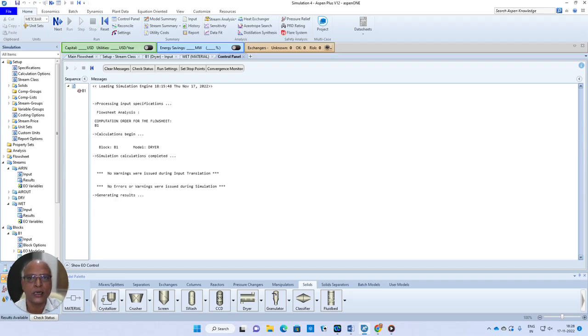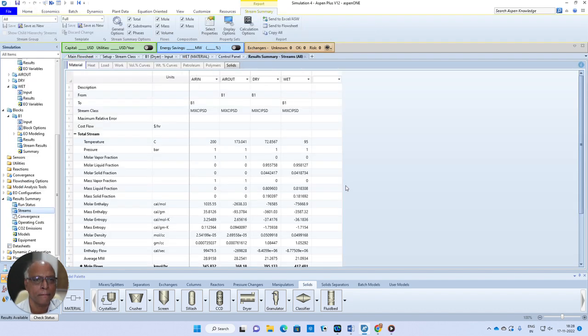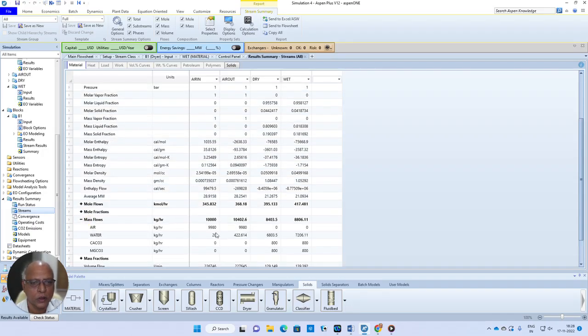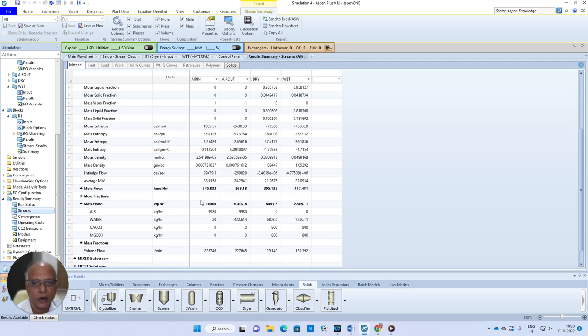We got to our results. Now you can see the individual results and the total stream summary. Let us look at mass flows. 10,000 kg per hour of air is entering, 2% is water, so we have 200 kg, but the exit is containing more water.